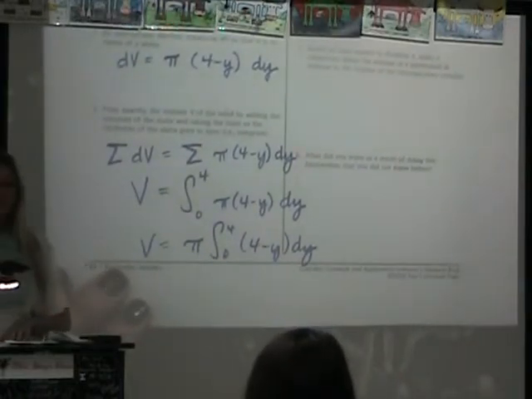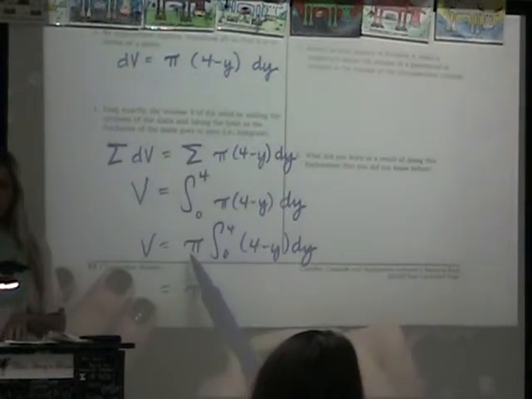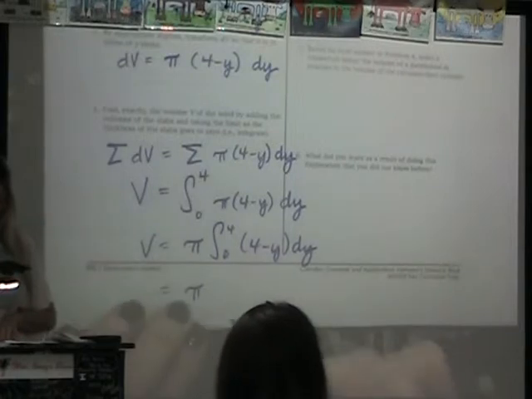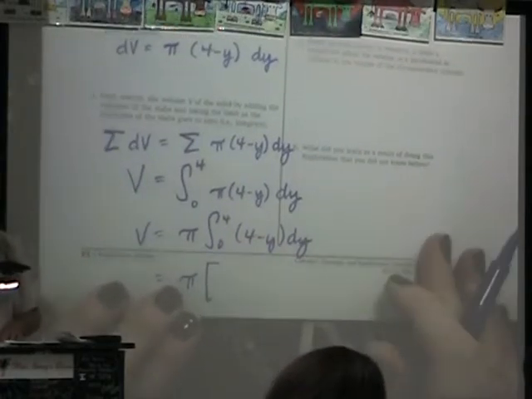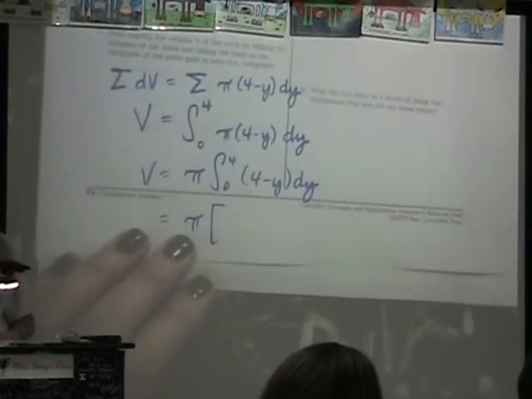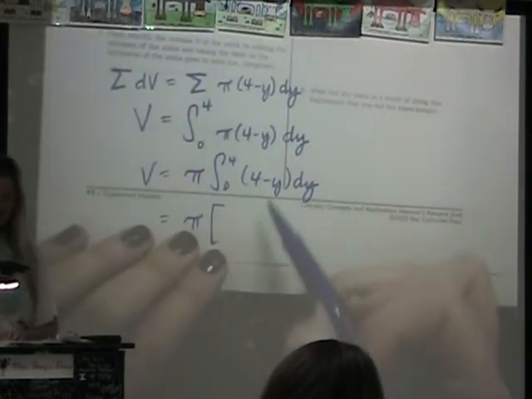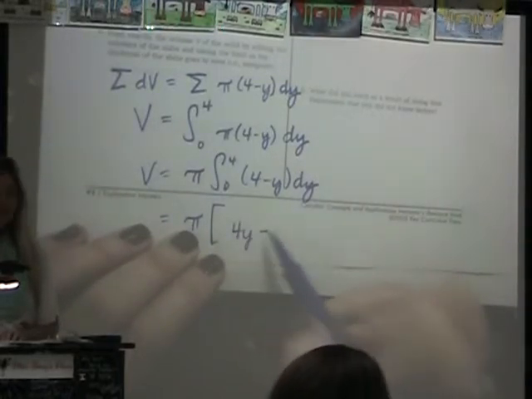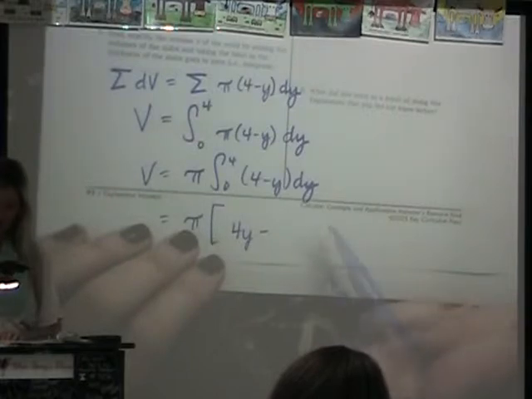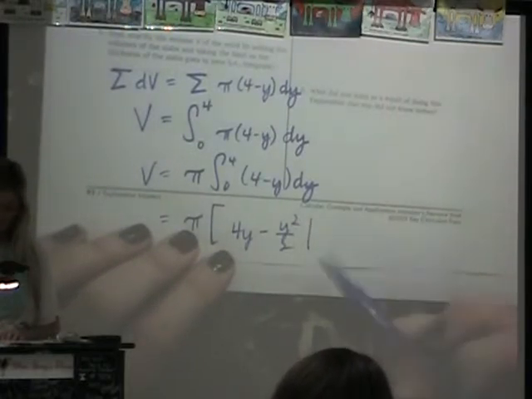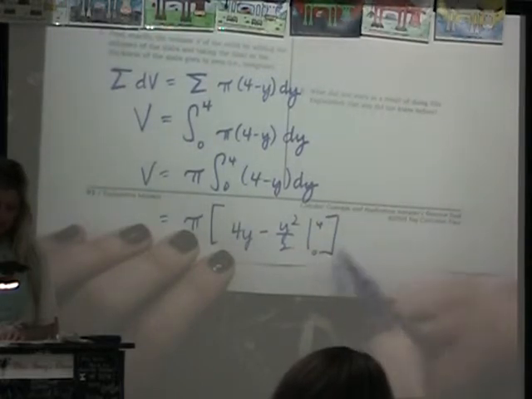Okay, let's go ahead and do it. That's pretty easy, isn't it? Why could I pull that pi out? It's just a constant, it's just a number. So I'm going to pull the pi out. I usually use some brackets here, and then multiply it into my final answer. What's the antiderivative of 4 with respect to y? 4y. Antiderivative of y with respect to y? y squared over 2, or 1/2 y squared, from 0 to 4.